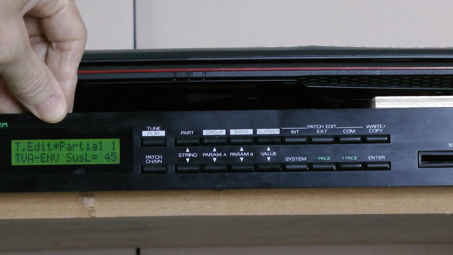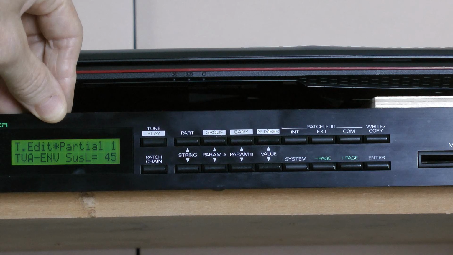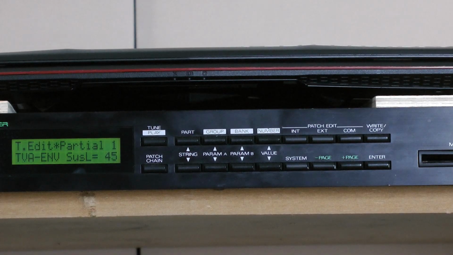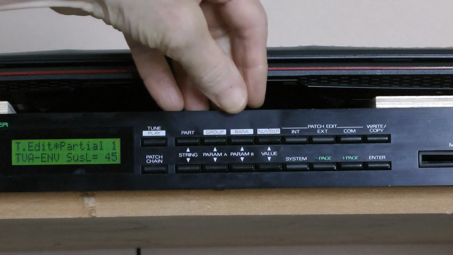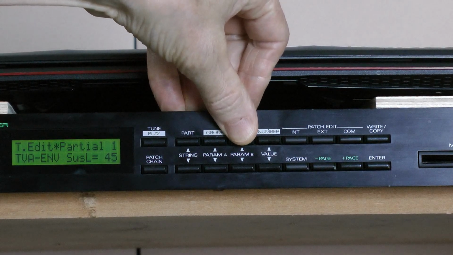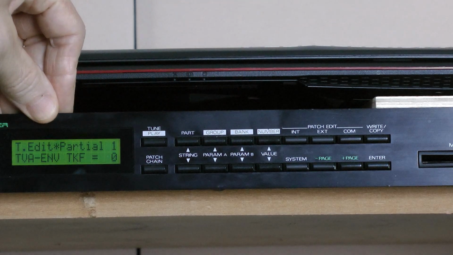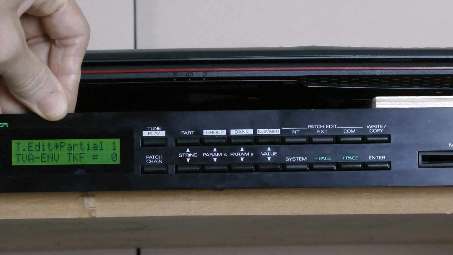This will hold the note until either you release the note or, if you set the decay time, will fade out naturally. Scrolling up again from the sustain level parameter will return you to the envelope's time key follower.